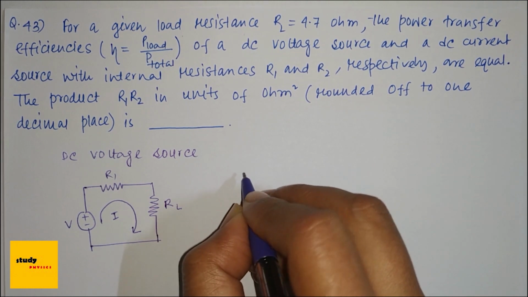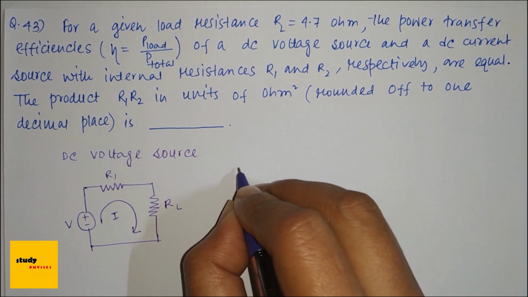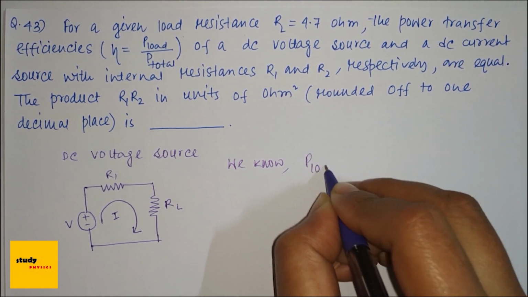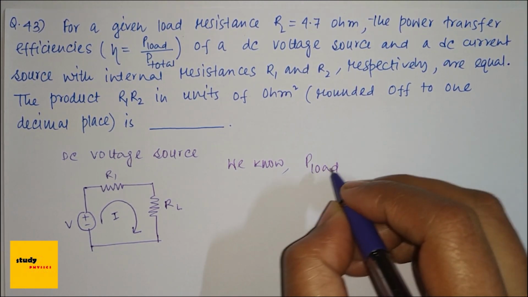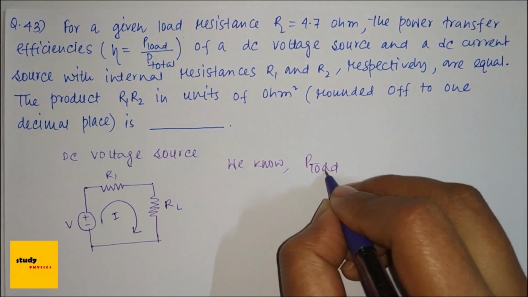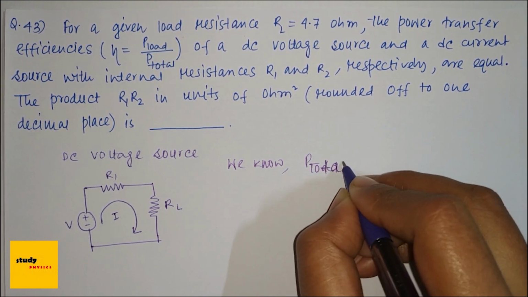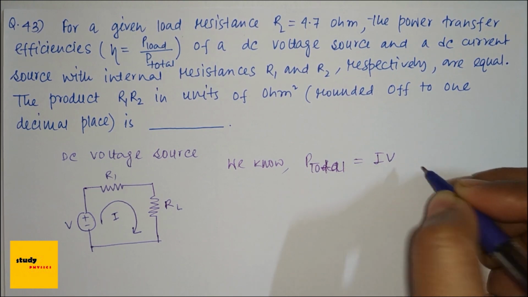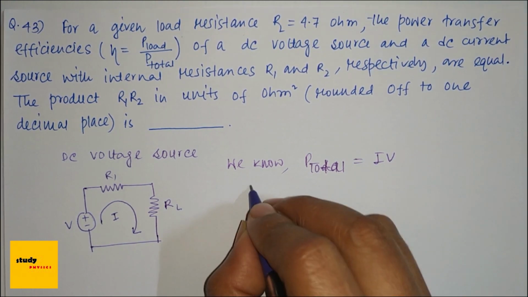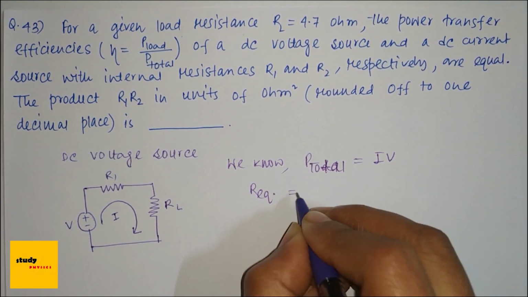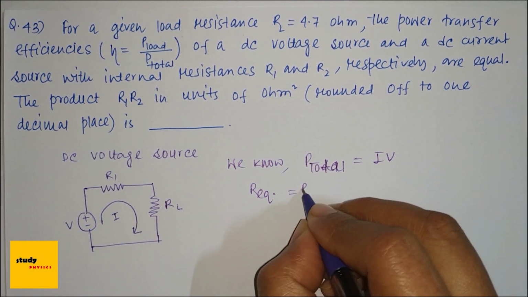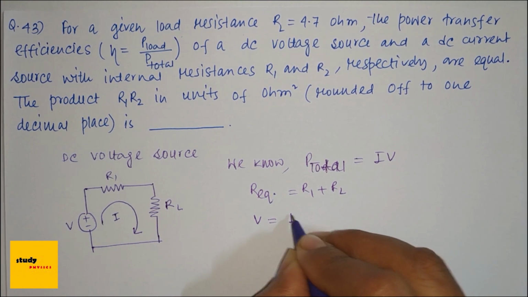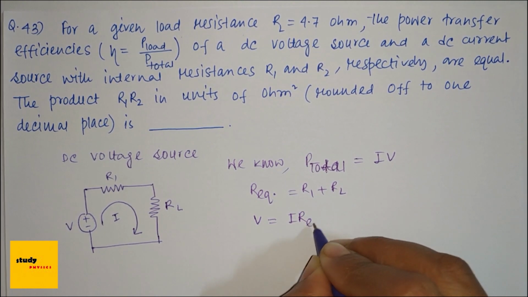Here we know P load. First we'll evaluate P total. P total is IV, current into voltage, and here R equivalent is R1 plus RL, and V is I into R equivalent.